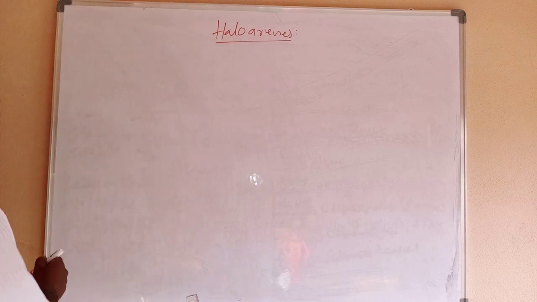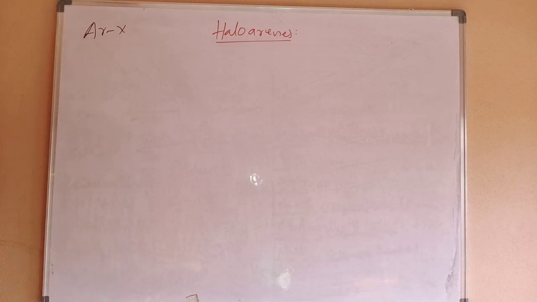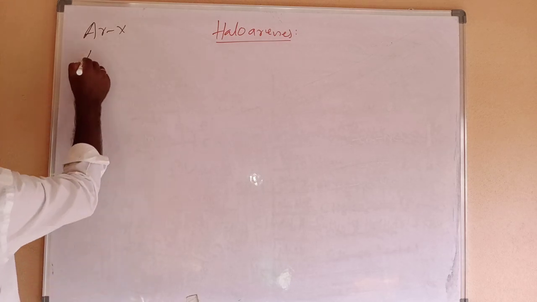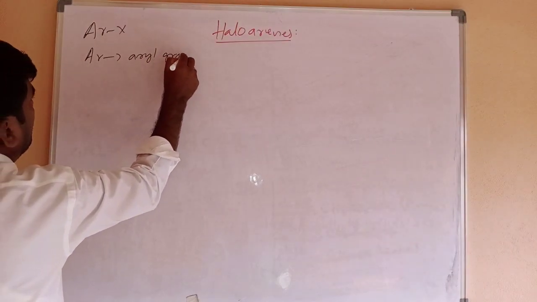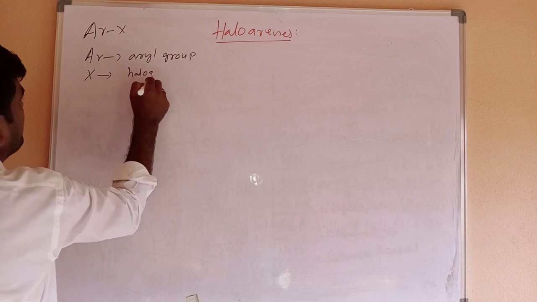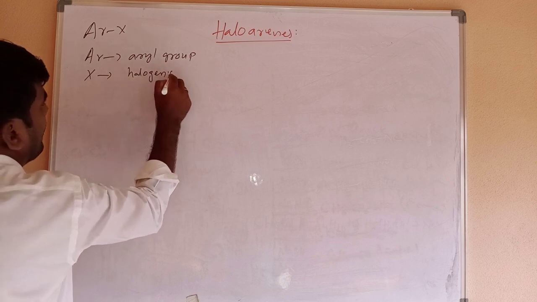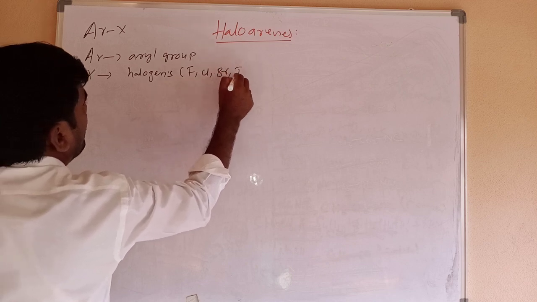Aryl halides are generally represented by Ar-X, where Ar is called the aryl group and X is called halogen. What is X? X is halogens. What are halogens? Fluorine, chlorine, bromine, iodine.